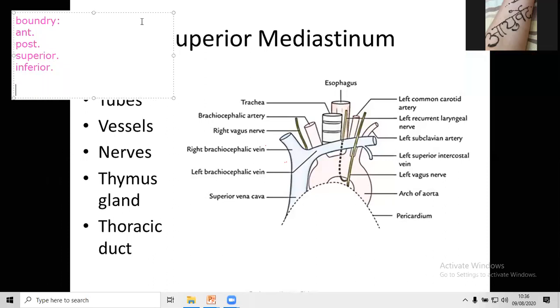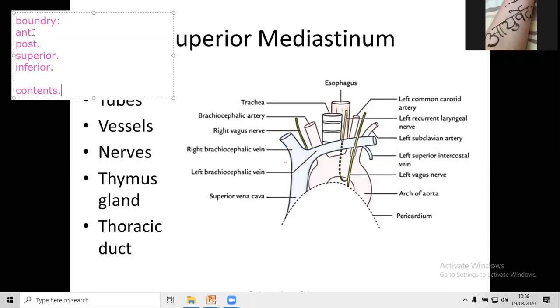After seeing the boundary, we have to see the content of the superior mediastinum. For each mediastinum, we are going to see this: the boundary and the content. Now first we will go for the boundary of the superior mediastinum.